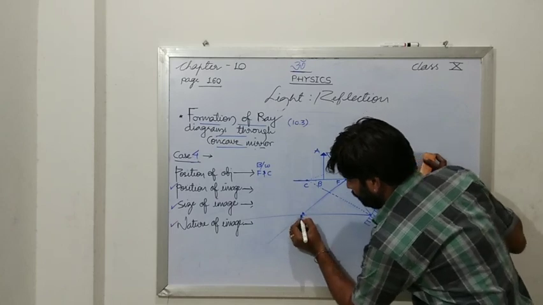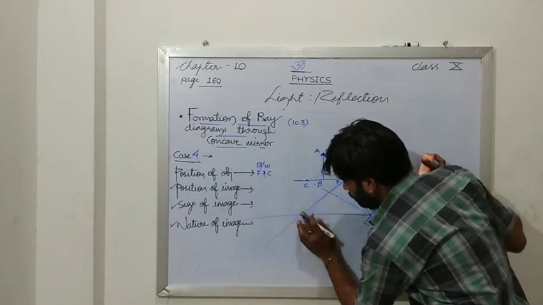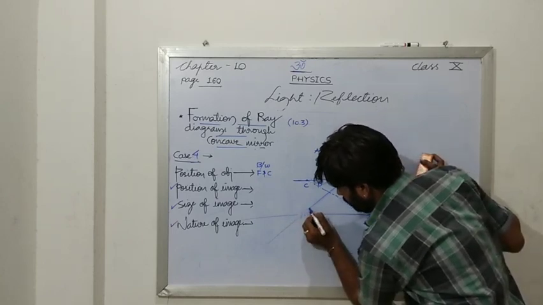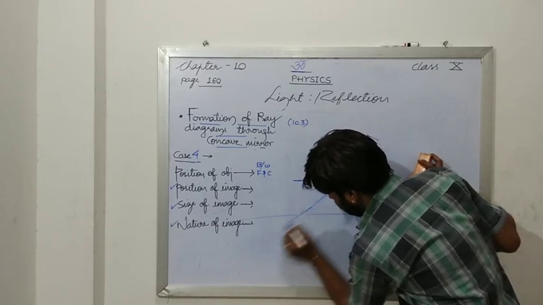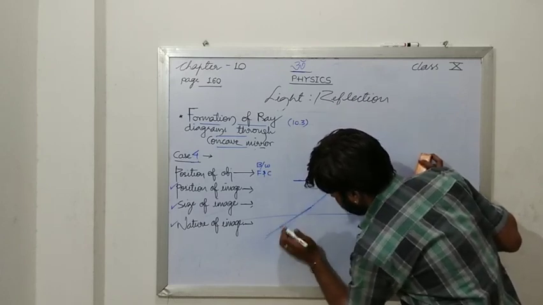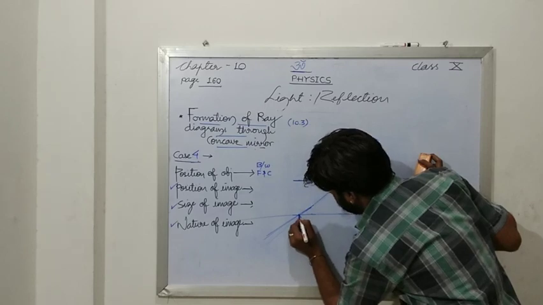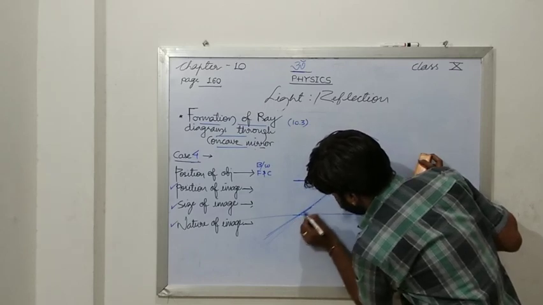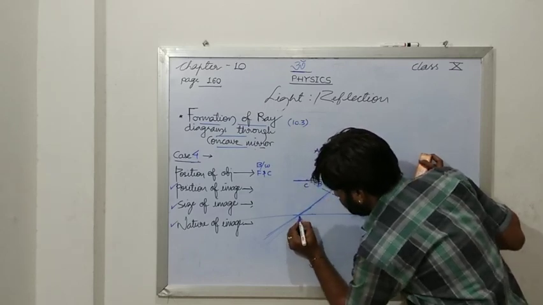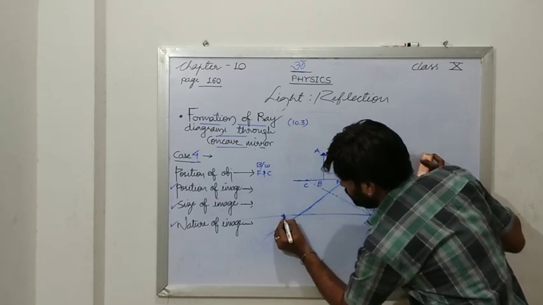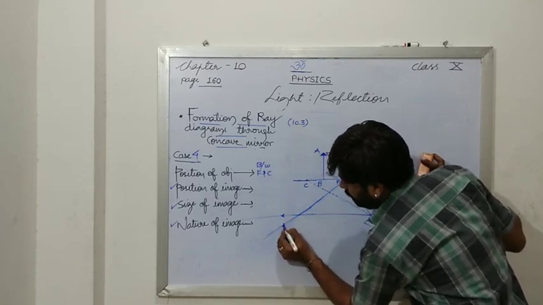Are you getting it? So let me draw it again. This is going to be like this, and this is going to be the point of intersection between this reflected ray and this reflected ray.